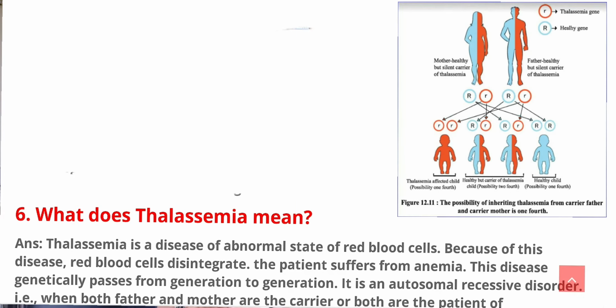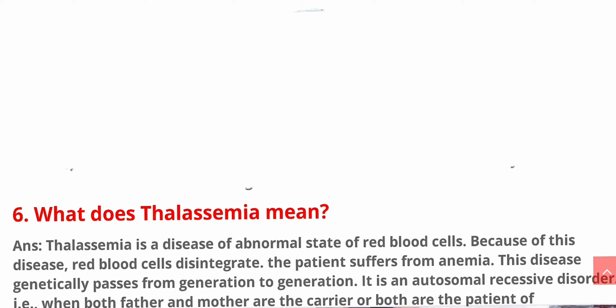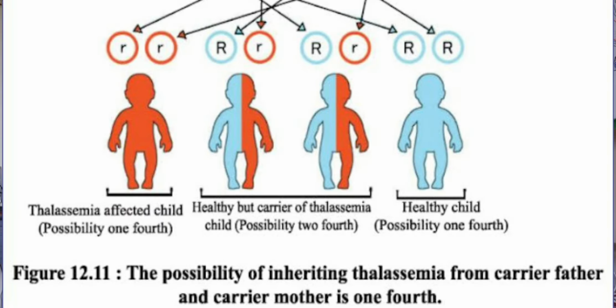What does thalassemia mean? Thalassemia is a disease of an abnormal state of red blood cells. Because of this disease red blood cells disintegrate and the patient suffers from anemia. This disease passes genetically from generation to generation. It is an autosomal recessive disorder, and it appears in the offspring only when both father and mother are carriers or both are patients of thalassemia.